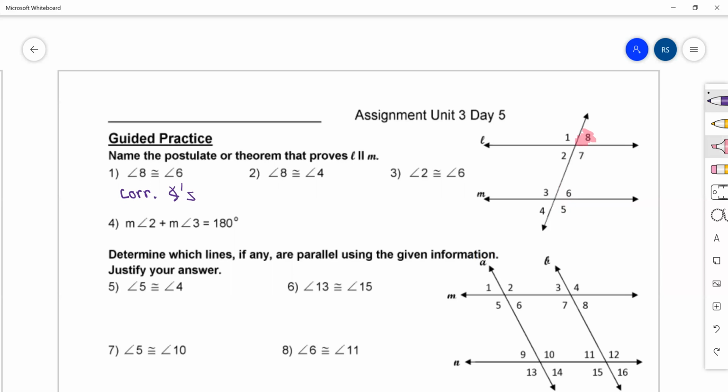Then they ask us about 8 and 4. They're on opposite sides, so it's alternate something. And it's the outside, so alternate exterior angles.